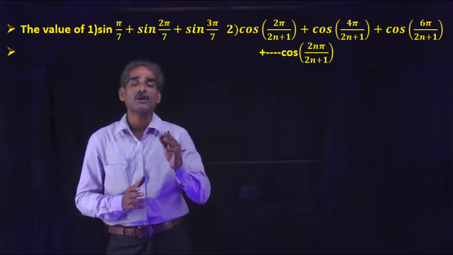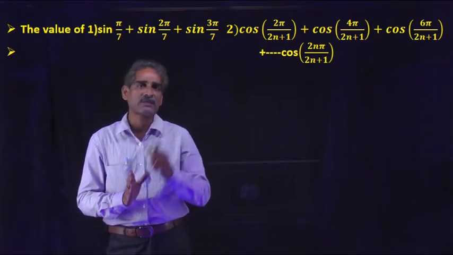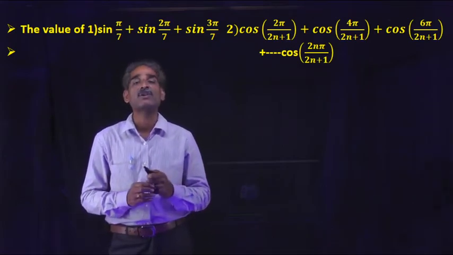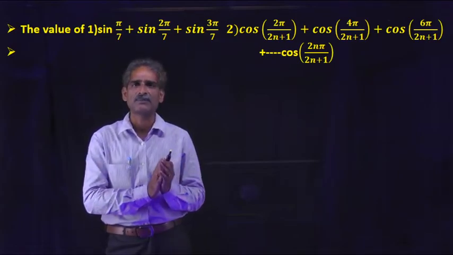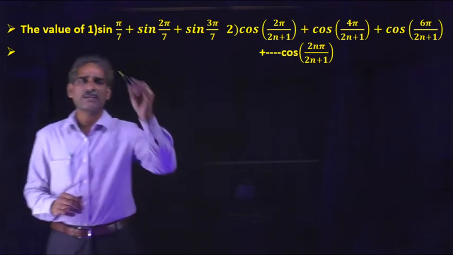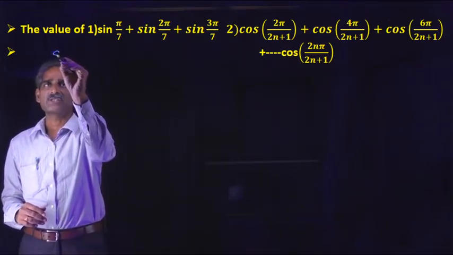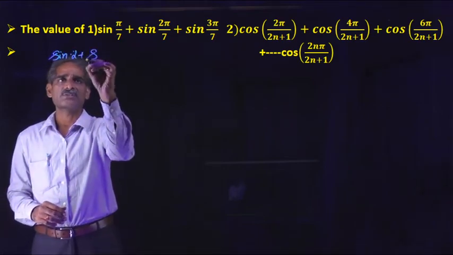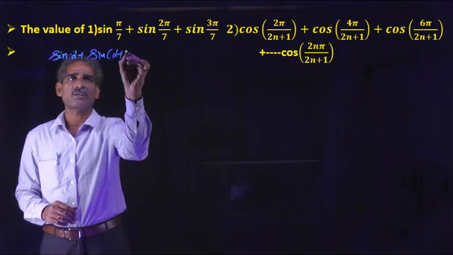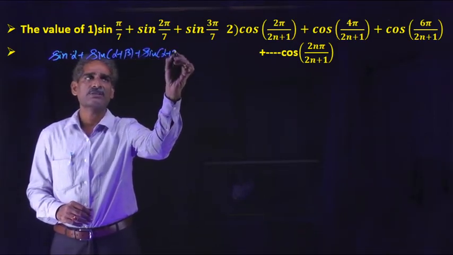In the general process it is difficult and it will take some time. So here we will derive some formula. Already we derived the formula. Just with the help of that formula we can find out the value of this type of expression within a short time. So see the formula. Suppose the terms are like this: sine of alpha, sine of alpha plus beta, sine of alpha plus 2 beta.